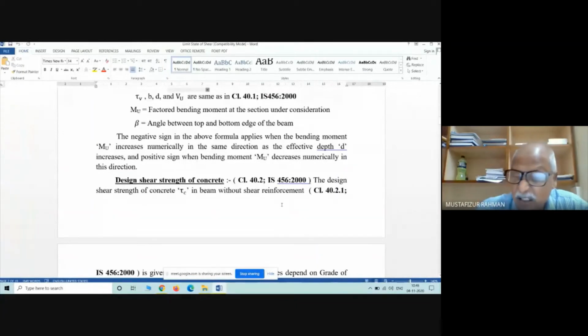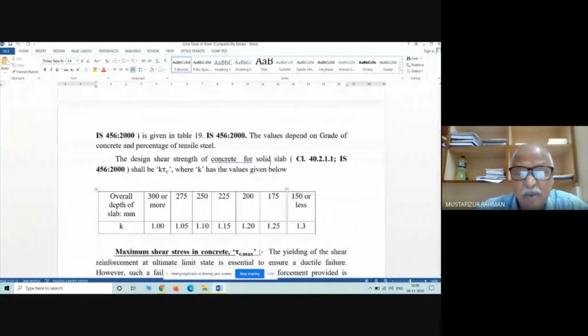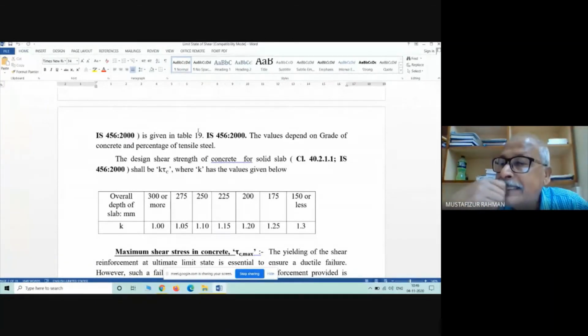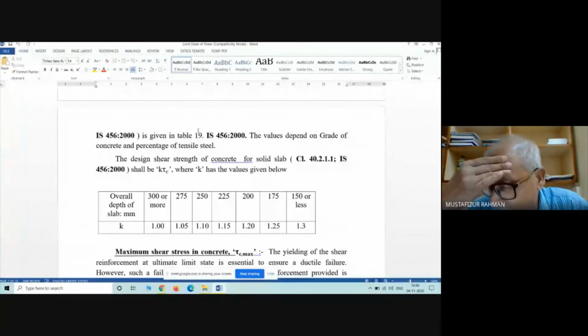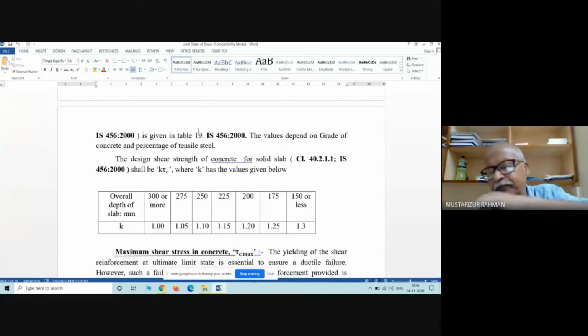Now, in IS 456, there is Table number 19. In Table number 19, you will get the shear resistance capacity with respect to percentage of steel. In that table, the first column represents the percentage of steel.